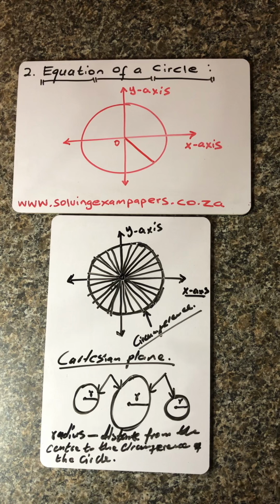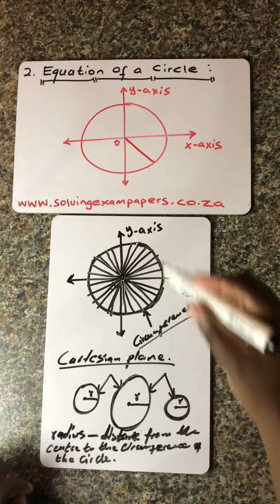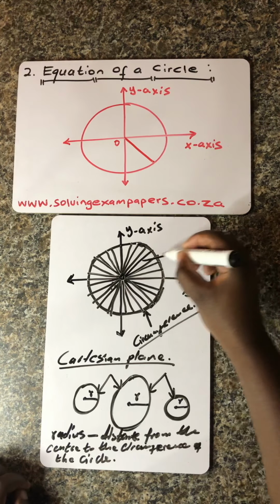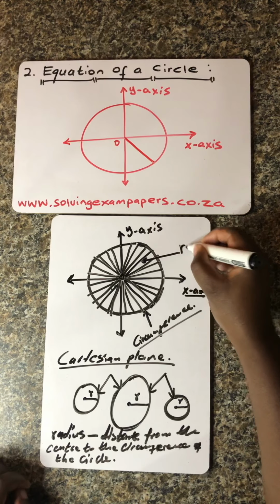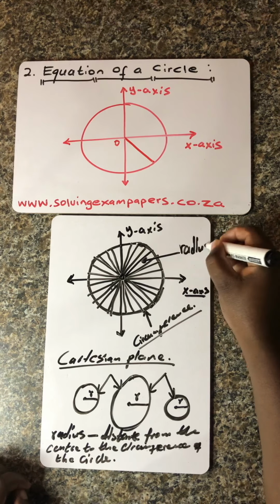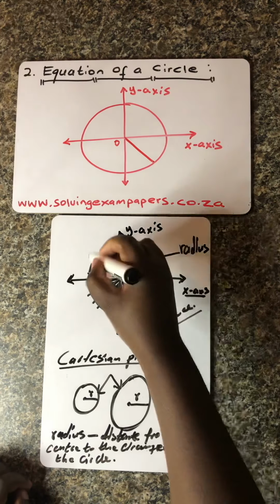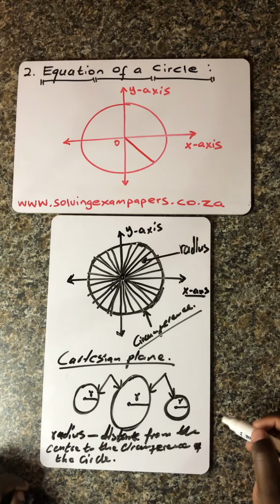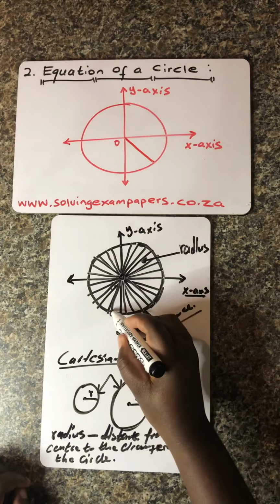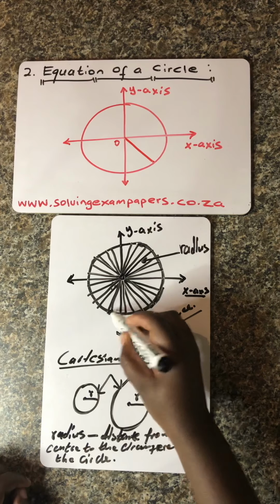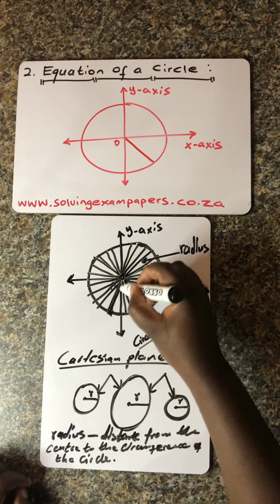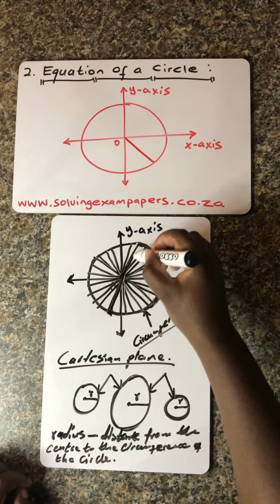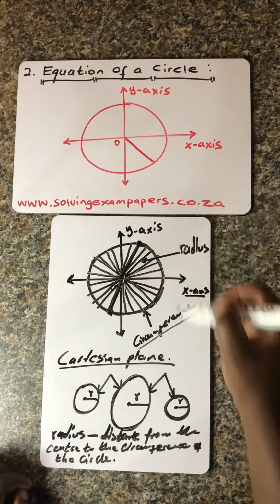So now, guys, what is the equation of a circle? As part of your notes, let's just label that as radius. So all these lines represent the radius. Remember, guys, a line which is from the circumference passing through the center to the other side of the circumference is the diameter.